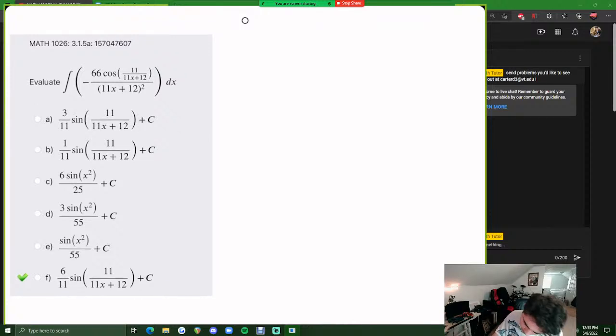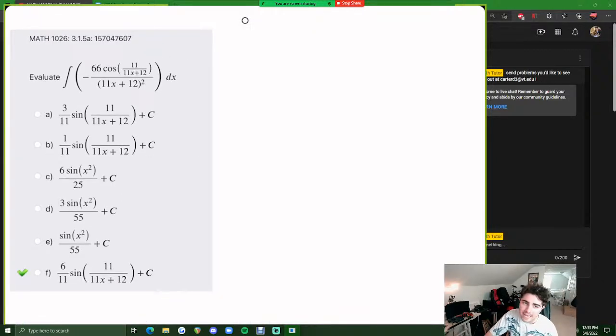All right. So with this one, we are given this crazy function to integrate, and the method we will use will be u substitution. So in this case, our u value should be acted upon by some outer function, by some greater force. And in this case, you might ask, will it be the cosine or will it be the squared?